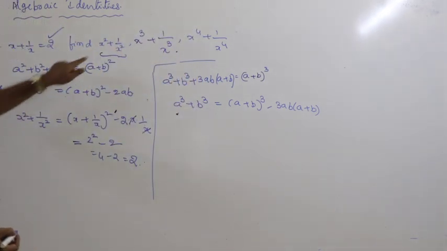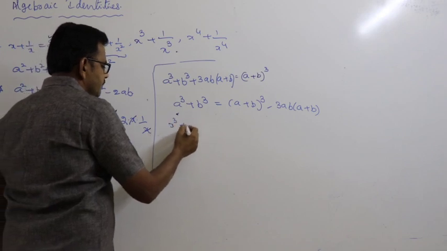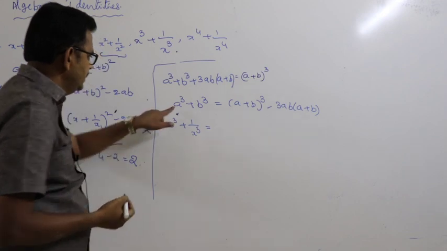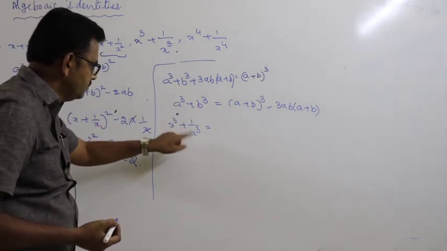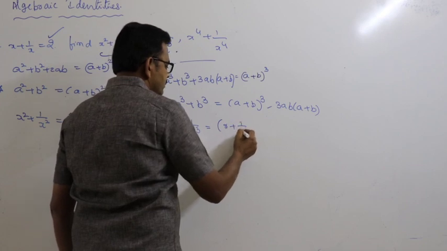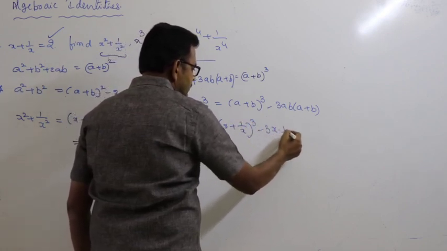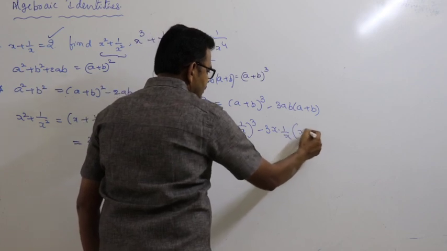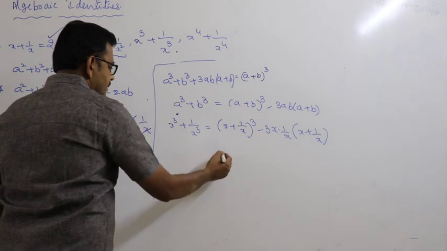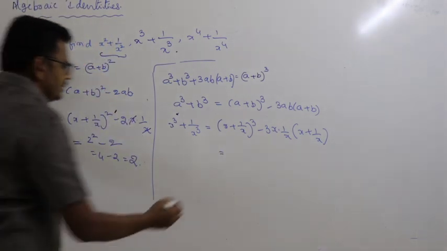So x cube plus 1 by x cube, where a is x, b is 1 by x, is x plus 1 by x whole cube minus 3 into x into 1 by x into x plus 1 by x. x plus 1 by x is given as 2.